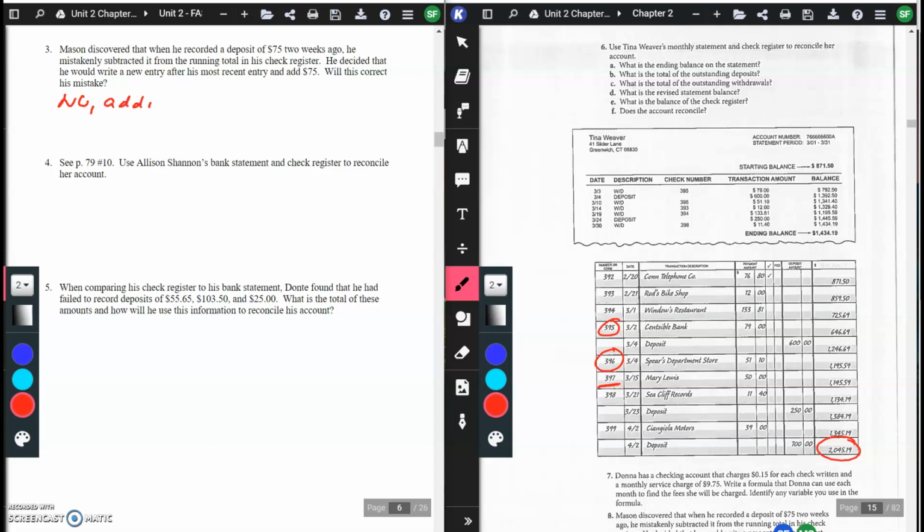Because adding $75 will correct what he subtracted, $75 when he should not have.